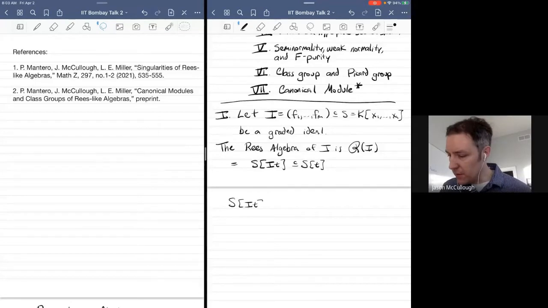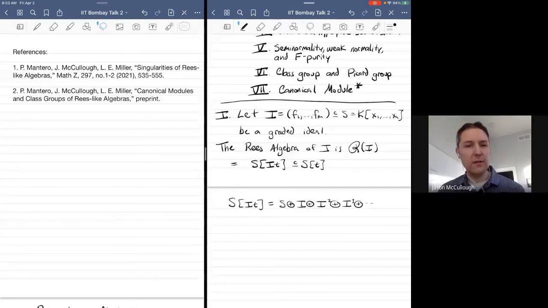So if you think of the grading just with respect to t, then the Rees algebra decomposes as a big direct sum of the powers of the ideal. And so this is why, if people are interested in studying powers of ideals, they often look at this one gadget that sort of incorporates all of them together.